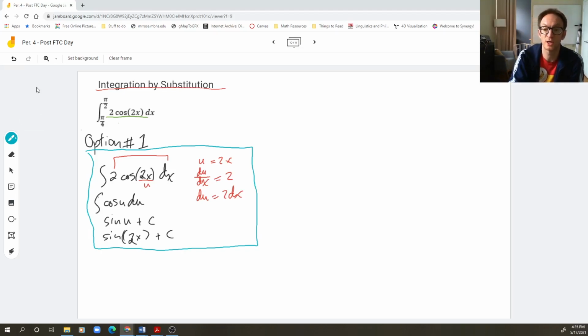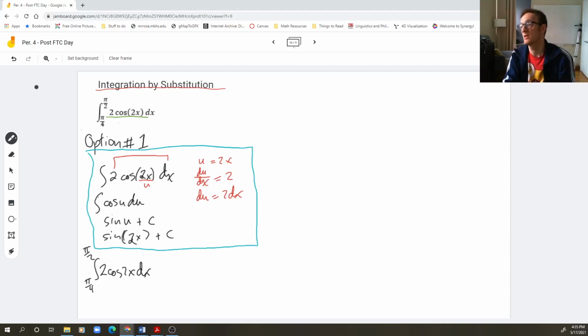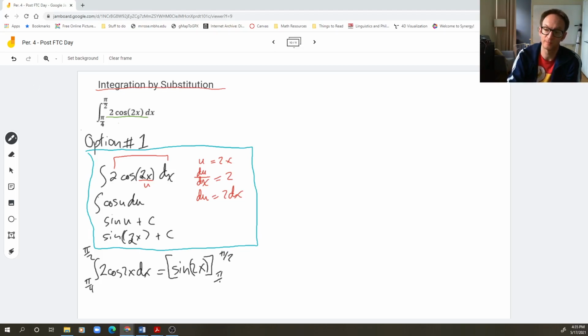And now, returning to the problem at hand, what is the integral from pi over 4 to pi over 2 of 2 cosine 2x? Well, I say that it is, according to the fundamental theorem of calculus, just sine 2x, evaluated at pi over 2 and pi over 4.